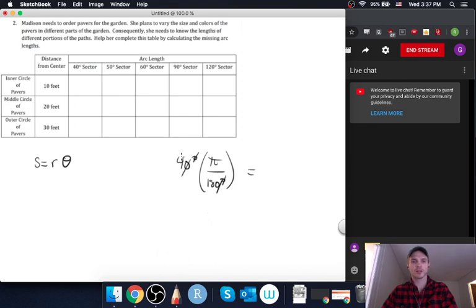And then let's see, so this is going to be 4, so this will be 2, this will be 9. So this is going to be 2 pi over 9, okay? So it's 2 pi over 9. Oh, actually, let me write it up above the angle. So 2 pi over 9.